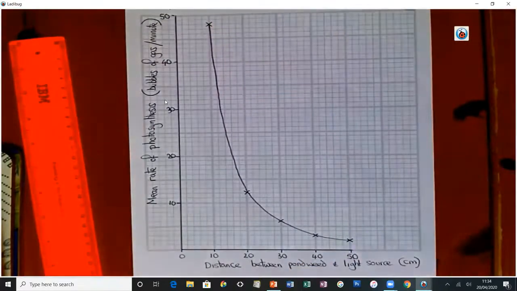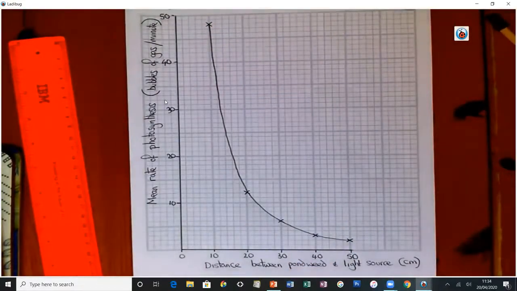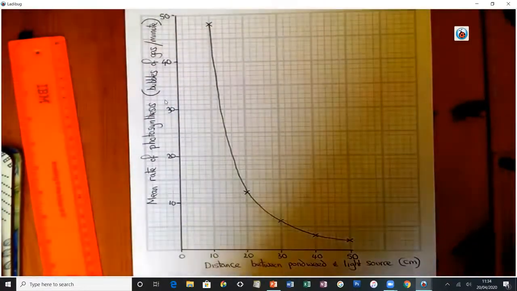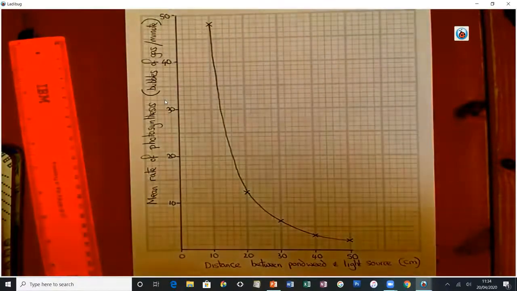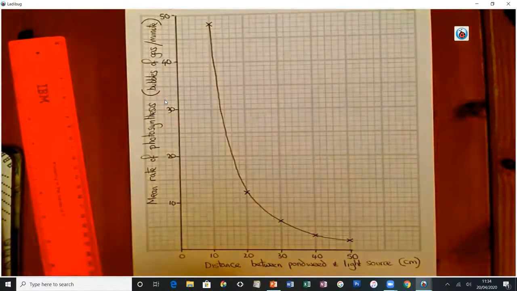There. So that's our line of best fit. Okay, it's obviously a curve, not a straight line. So it's non-linear. Right, now that we've got our line of best fit, we can now analyze that and come to some conclusions. So that's what we're going to do now.